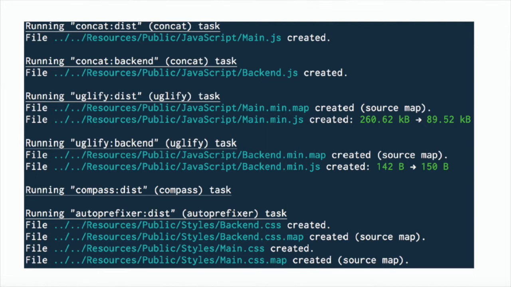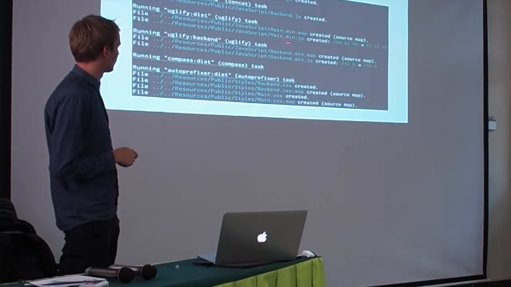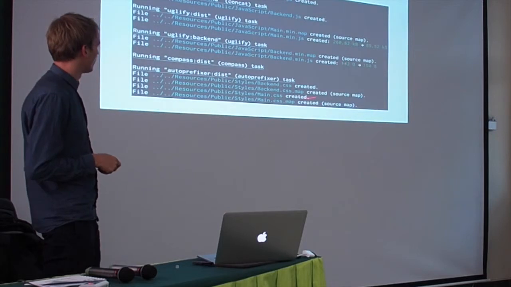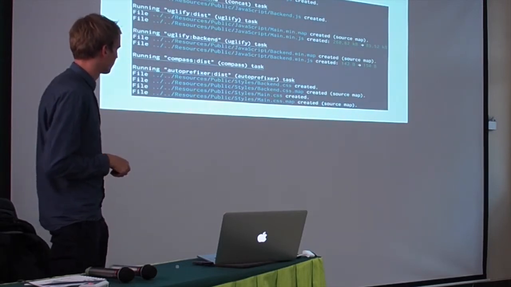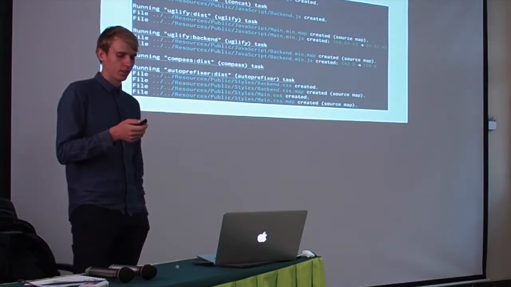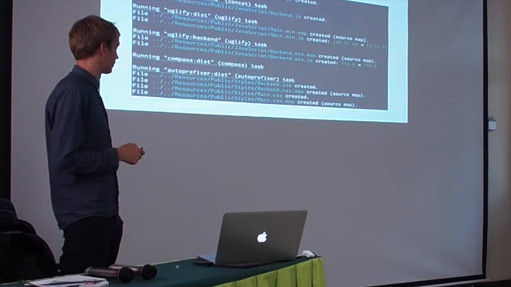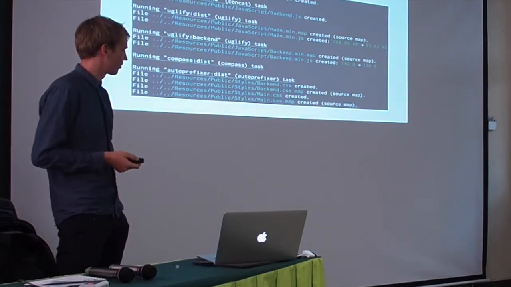And what it kind of does is you run something on the command line while developing, and it creates a minified version of your file. It can remove stuff. Here it's running Autoprefixer, which is adding all the backwards compatibility versions of CSS rules.